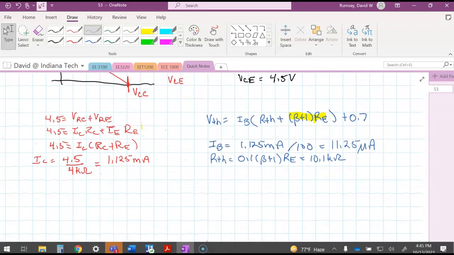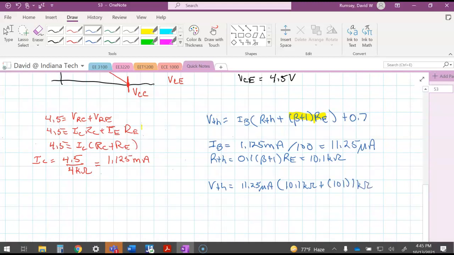And now we can compute what V Thevenin is. V Thevenin is simply 11.25 microamps times 10.1 kilo ohms plus 101 times 1 kilo ohm, plus 0.7.